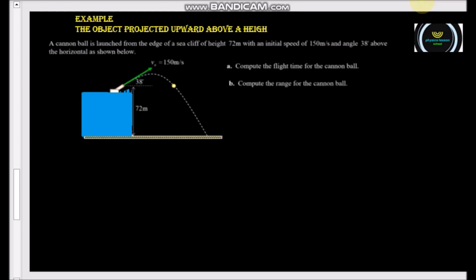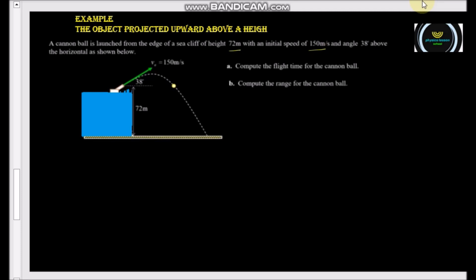A cannonball is launched from the edge of a sea cliff of height 72 meters with an initial speed of 150 meters per second and angle 38 degrees above the horizontal, as shown below. Here is the diagram.